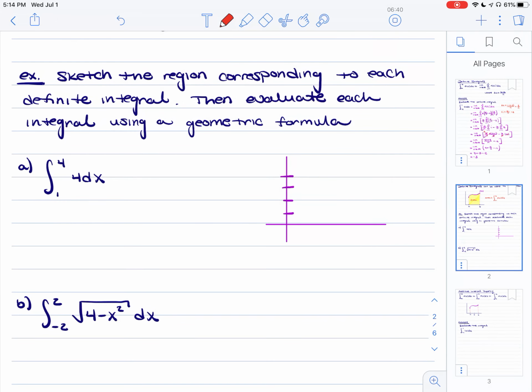Okay, this is saying y equals 4 is our function here, and we're looking at this interval from 1 to 4.